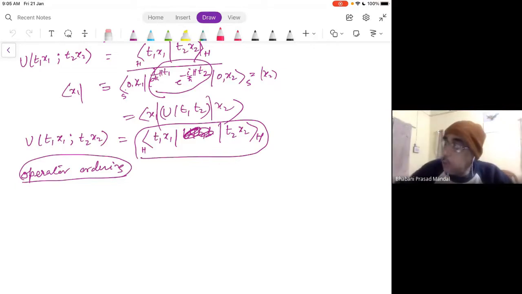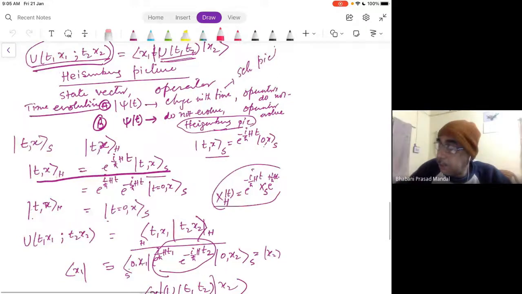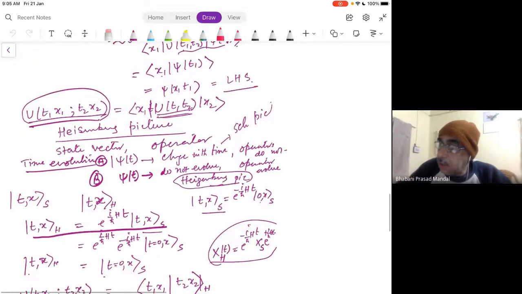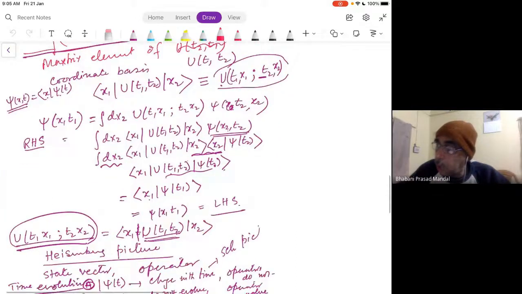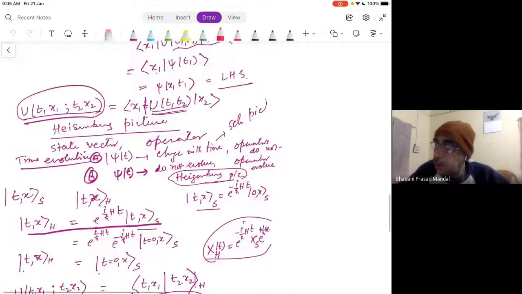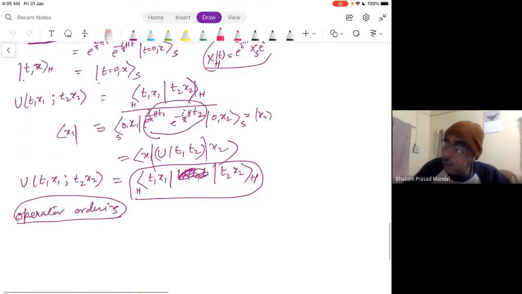Anyhow, let me know if you have any queries, questions regarding last lecture. Last lecture we have started. I am not going to review much, but we arrived at that operator U(t1, x1; t2, x2) in the Heisenberg picture.